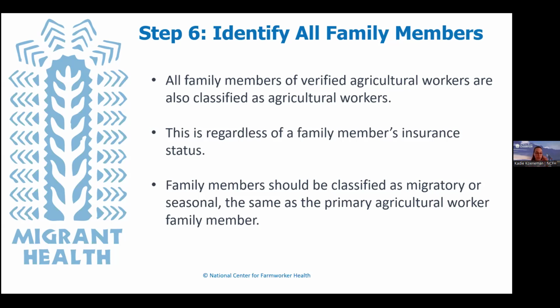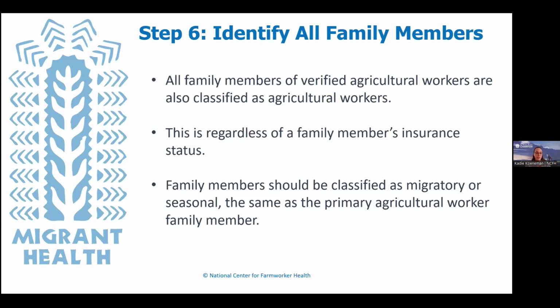So health centers sometimes have very narrow definitions of family members, like they have to be a financial dependent of the agricultural worker. And some health centers have very broad family member definitions that just include anyone who lives in the same home of the agricultural worker. We know agricultural workers have unique living situations where sometimes multiple generations or multiple families may live under the same roof.